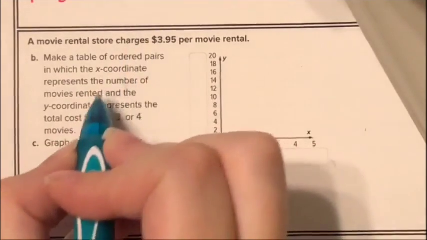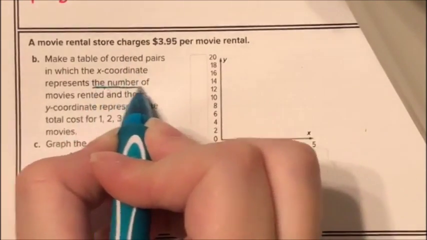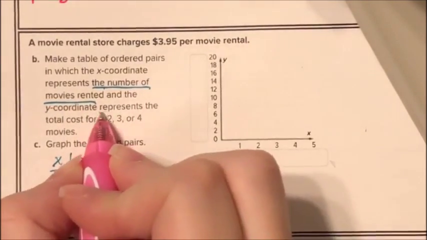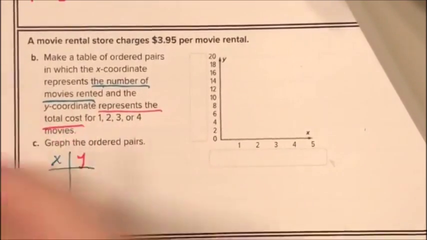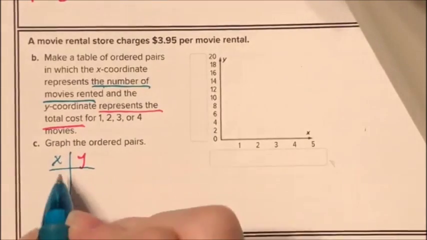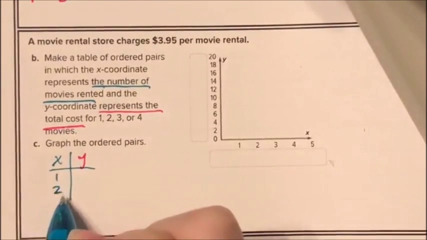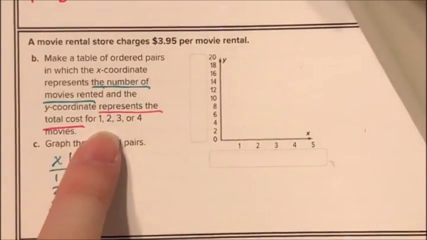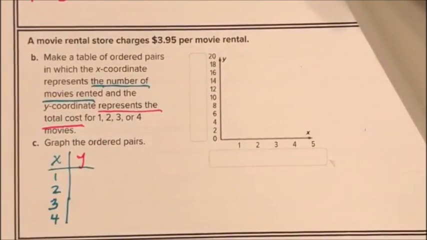So x represents the number of movies rented, and y represents the total cost. Okay, so if x is, I have 1, 2, 3, 4. Because they asked for 1, 2, 3, or 4 movies.